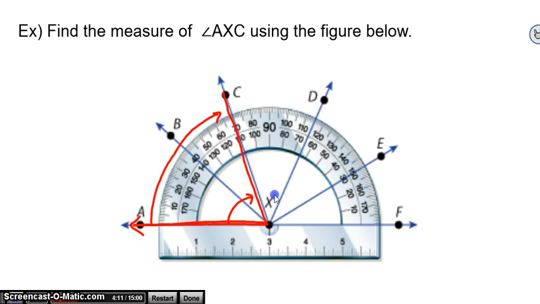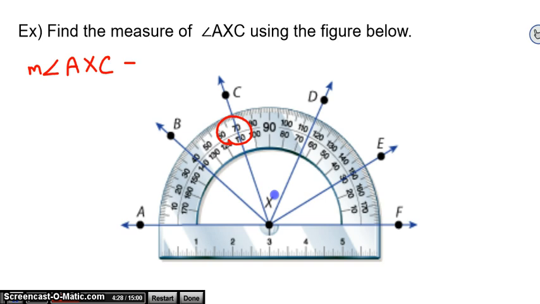And if we look at where C is, angle AXC actually passes right through 70 degrees. And so the measure of angle AXC is 70 degrees.